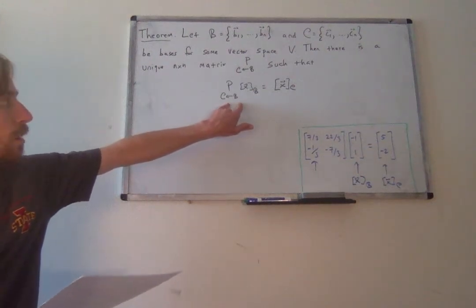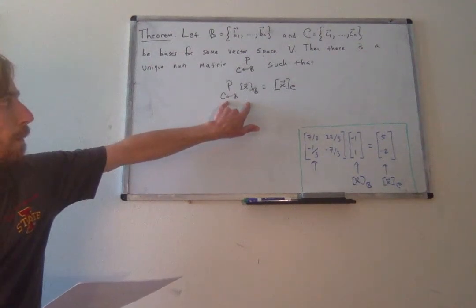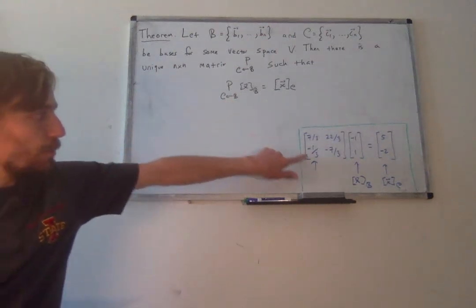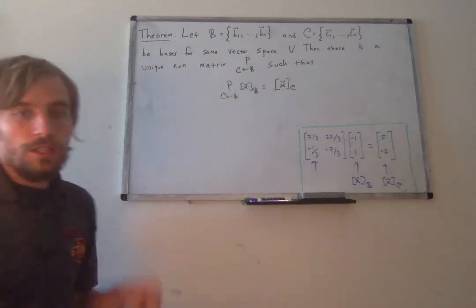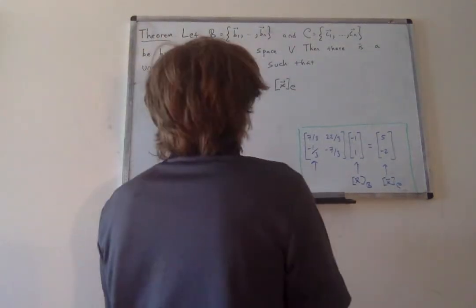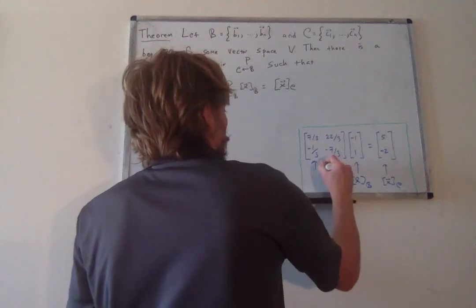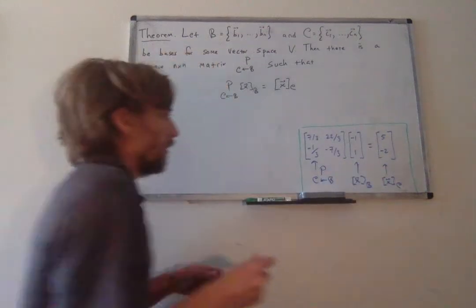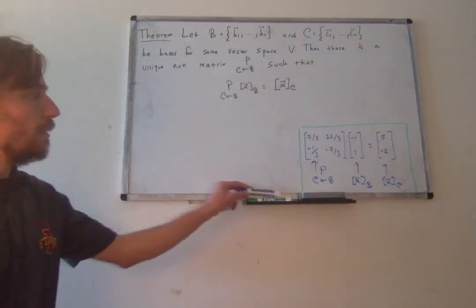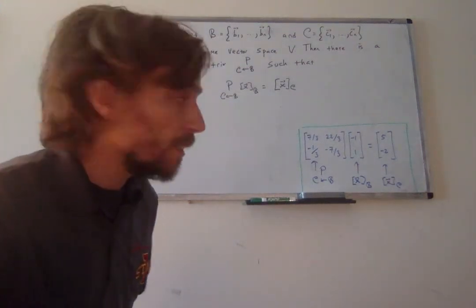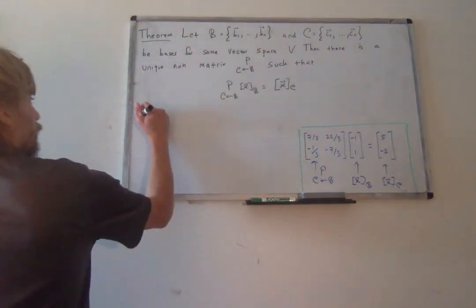Notice here, this matrix is exactly this matrix. So I'll quickly fill that in now. This matrix here is the change of coordinates matrix from B to C. So how did we find it in this example?